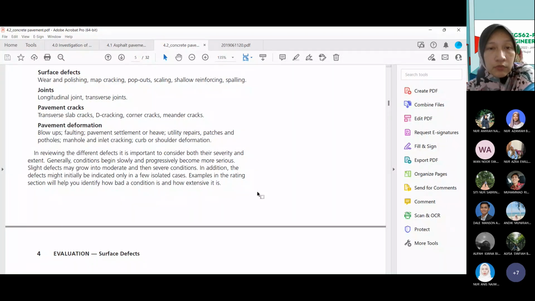The purpose of this reinforcement is to bear any shear effect and bending moment effect. If you compare the advantages between these two types of pavements, the concrete is better.